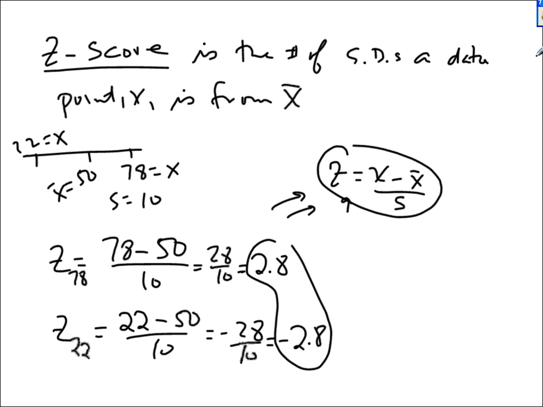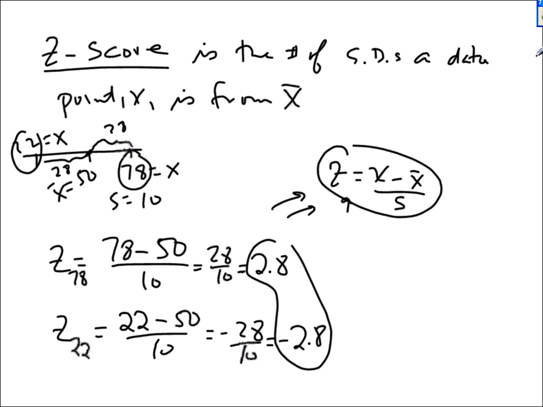And the reason is from 50 to 78, I went 28 to the right, and then I went 28 to the left. 50 minus 28 is 22, and 50 plus 28 is 78. It's symmetrical, except the signs will be different. So don't panic in case you get a negative z-score.